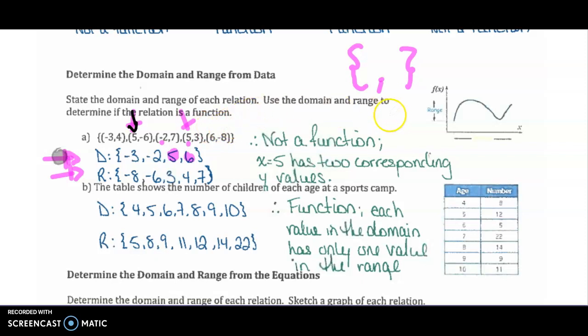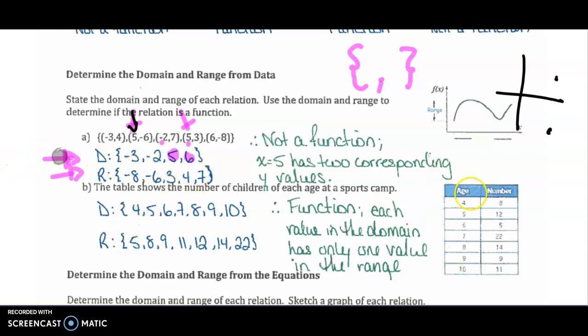So what's happening is you throw 5 into an equation, and you get -6, you throw 5 and you get 3. And if you were to graph those points, 5, -6 would be somewhere down here, and 5, 3 would be here, and you'd fail the vertical line test. Okay, so there's repetition. It's not a function, and that's that guy here.